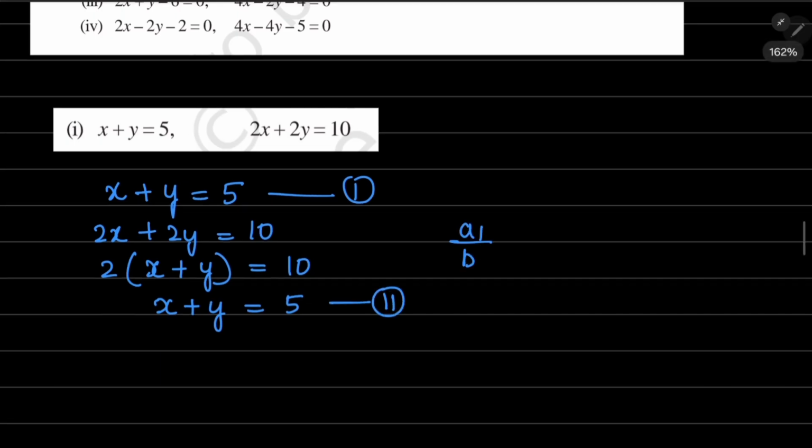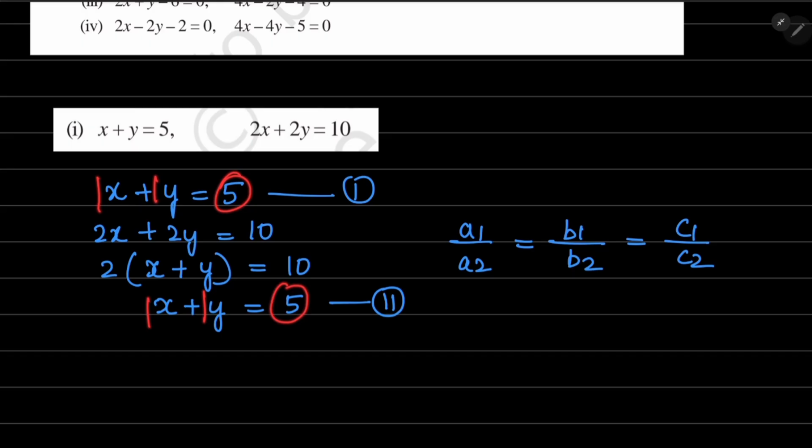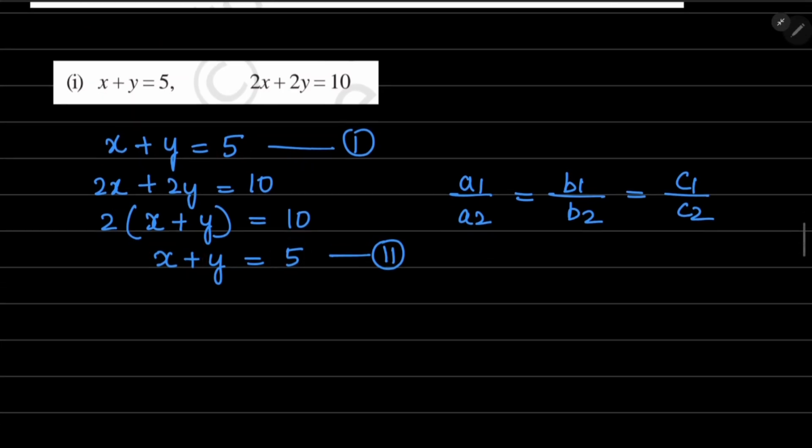A1 by A2 is equal to B1 by B2 is equal to C1 by C2. It's all the same: A1 is 1, A2 is 1, B1 is 1, B2 is 1, C1 and C2 are 5 each. So whenever all the three ratios are equal, what is the condition? The lines will be coincident. It will have infinitely many solutions.